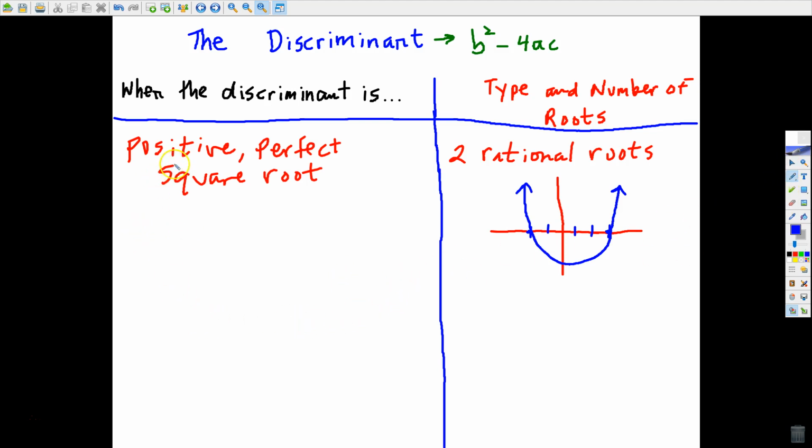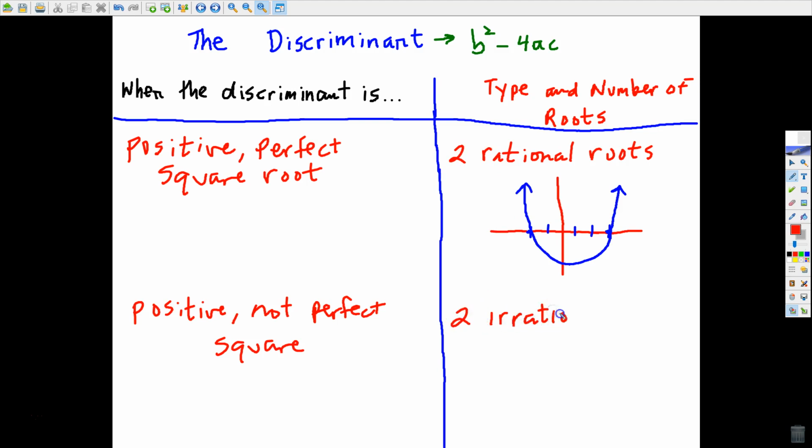Okay, well, let's move on to still positive, but what if it's not a perfect square root? Still positive, but the number that comes out as the discriminant is, maybe it's the number 37. Well, in this case, we're going to have two irrational roots.